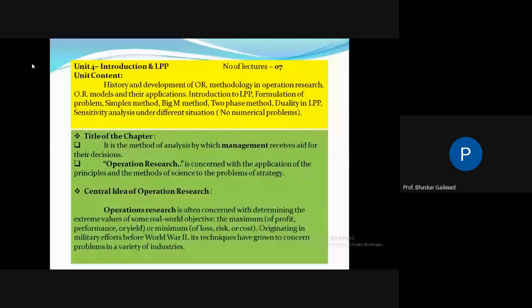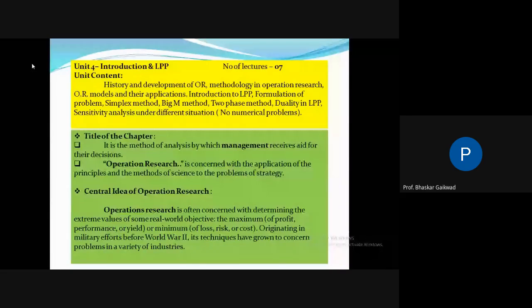Whatever the problems in industries are, operations research will study them, and depending upon certain analytical or basic principles or methods of science, they will decide the strategy, and that strategy has certain logical things.